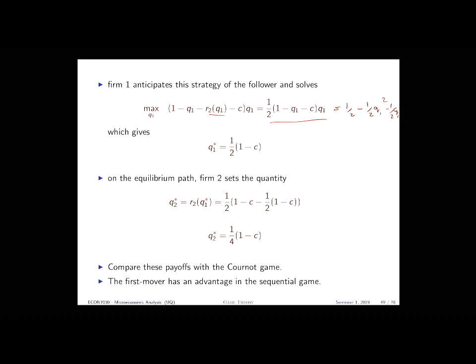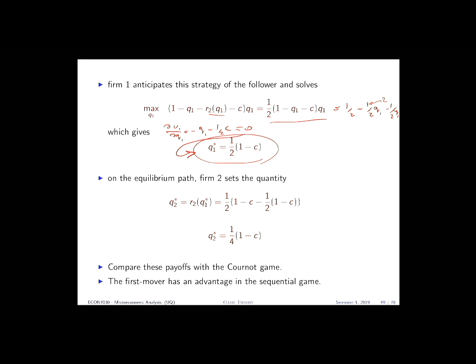Now if you differentiate U1 with respect to Q1, you get minus Q1. The 2 will multiply here and be canceled, so it will be minus Q1 minus half of C. And that's where this Q1 star came from. When we put this equal to 0, you get this Q1 star, and this will be the best response of firm 1.